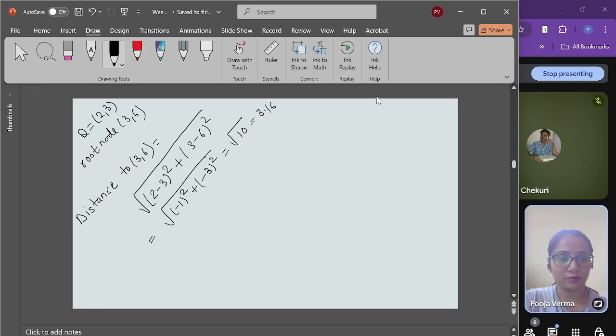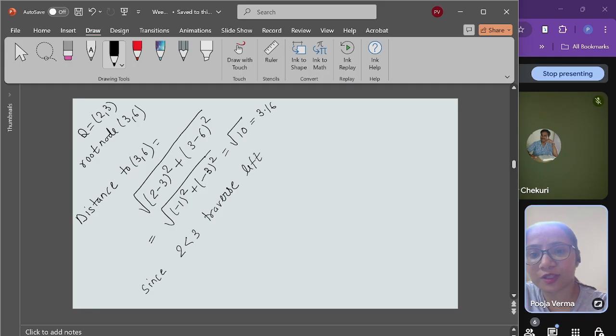Okay, now just calculate for the other given points also. Since 2 is less than the root node, the query feature vector x coordinate is less than the root node, first we will just calculate for the left subtree.